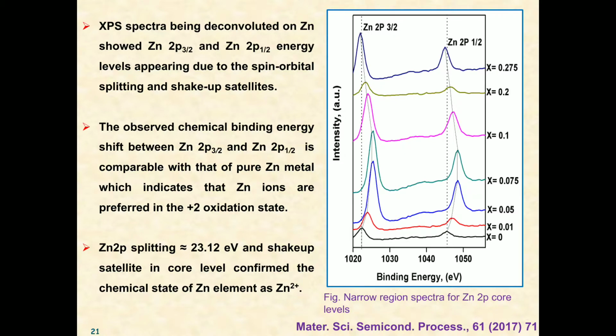The Zn 2p splitting nearly equal to 23.12 electron volt and the shake-up satellite in the core level confirmed the chemical state of Zn as Zn2+. This XPS data was published in the journal Materials Science in Semiconductor Processing.